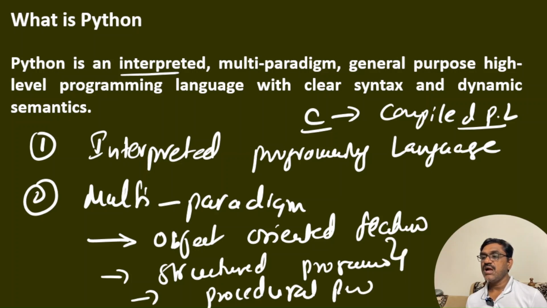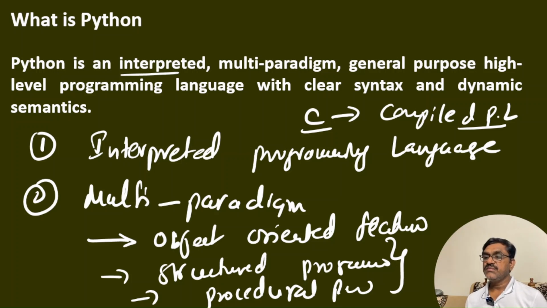It supports all types of paradigms, the main important principles. Simply remember that Python is multi-paradigm, meaning it supports the object-oriented approach, the structured programming approach, and the procedural-oriented programming approach. All approaches can be implemented in Python. That's why it is known as multi-paradigm.